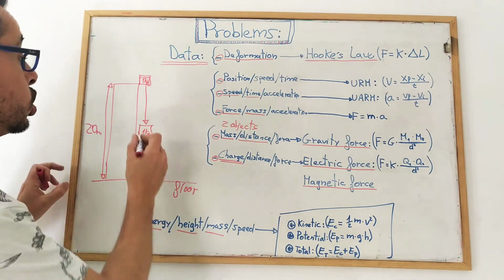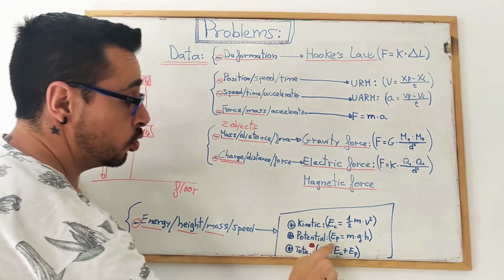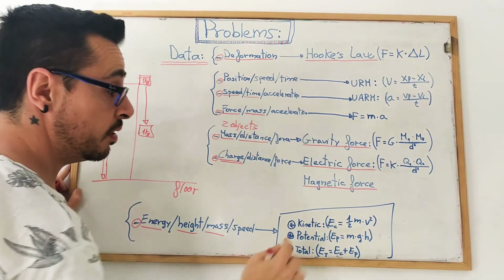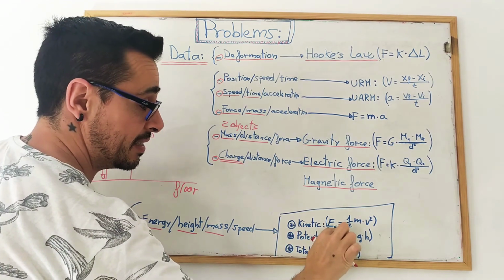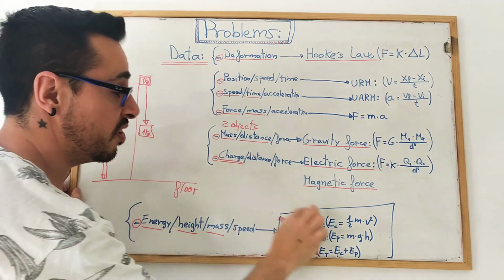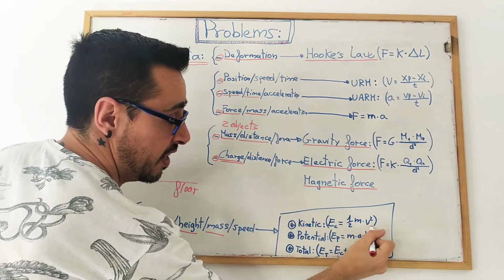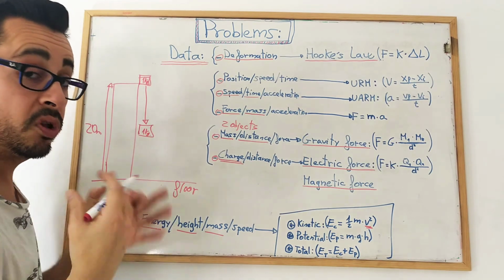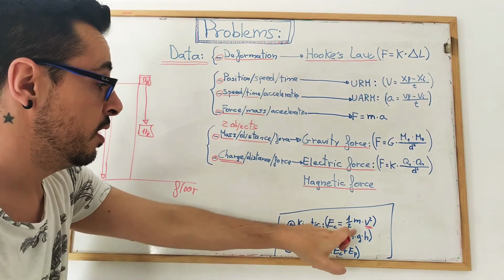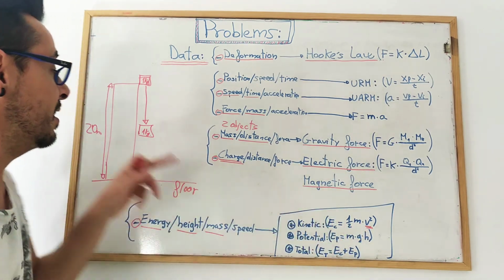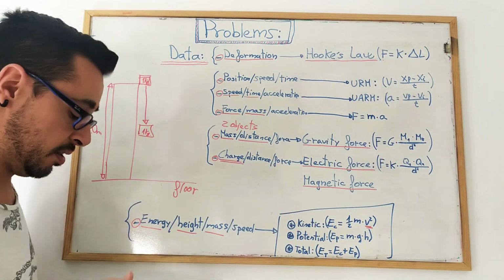So it's going to lose potential energy, but it's going to gain kinetic energy, because it starts moving, and here is velocity. So when the object is here, it has both potential and kinetic energy, because it has velocity, it's moving.